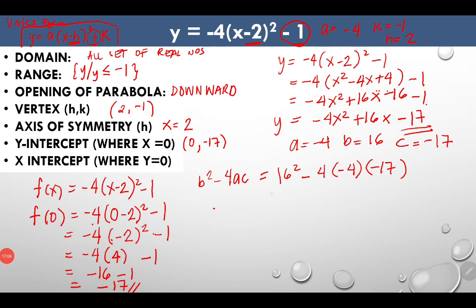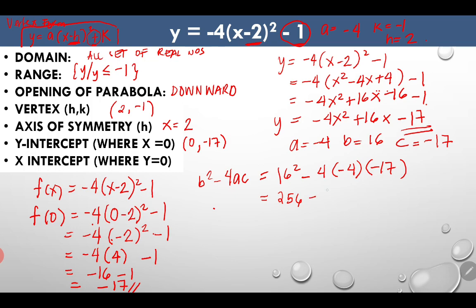So, we square 16. 16 times 16 is equal to 256. And then, negative 4 times negative 4 times negative 17 is equal to negative times negative, positive times negative.